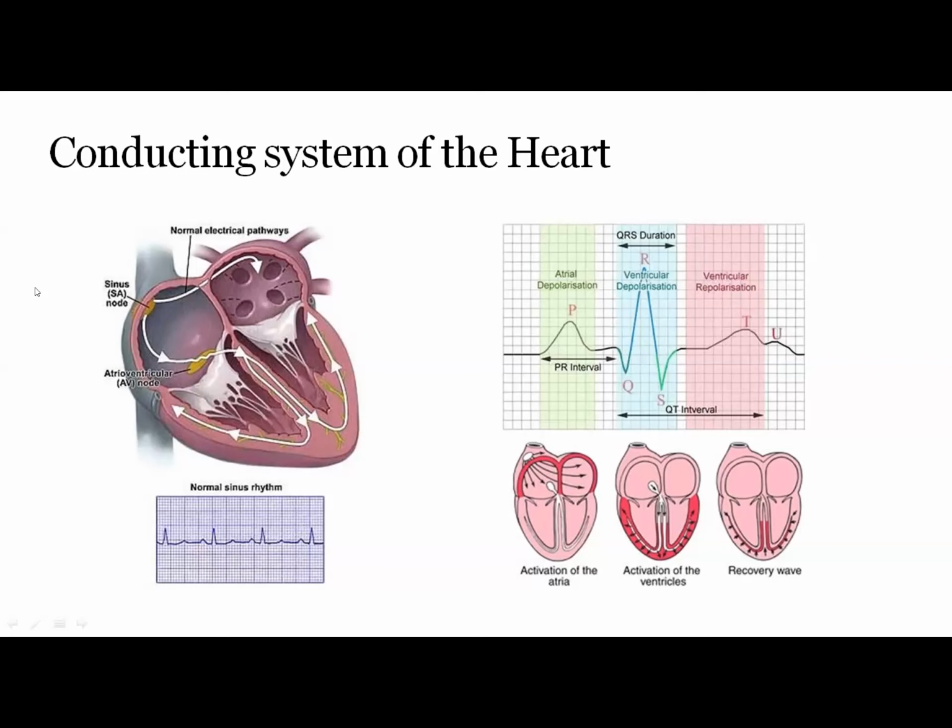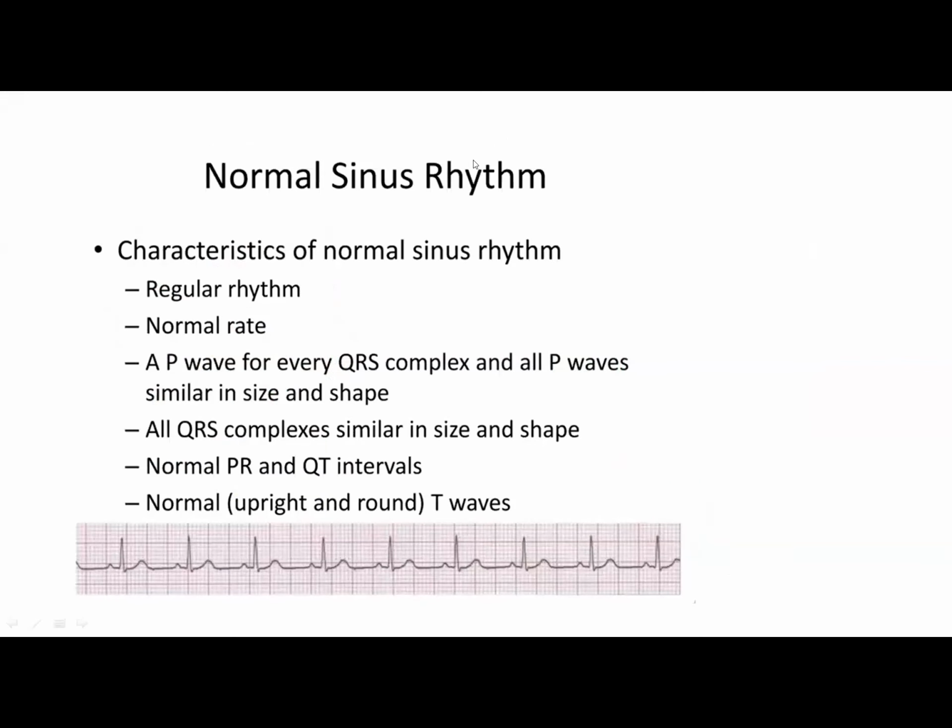Somebody in the chat box was saying RR constant. Okay. Q wave followed by P wave. Okay, can we move to the next slide? Somebody is saying arising from SA node.